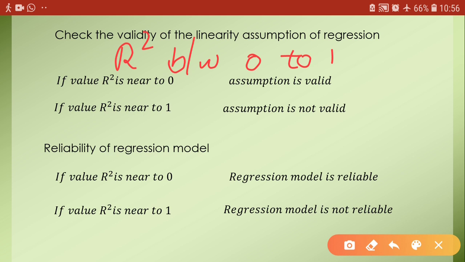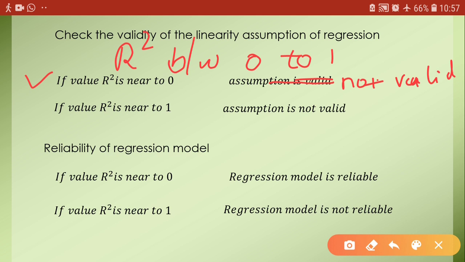If your r square is near to 0, say for example you got 0.2 or 0.1, then your assumption is not valid.